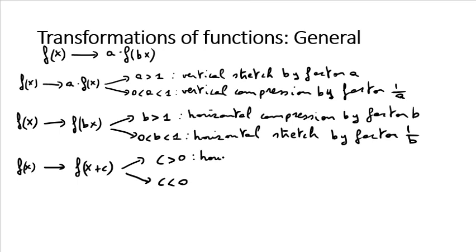So horizontal translation. So I'm gonna just write trans with C units to the left. And when C is lower than 0, then we are talking about the horizontal translation with C units to the right.